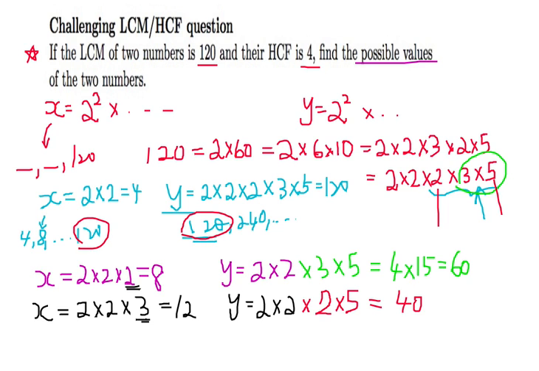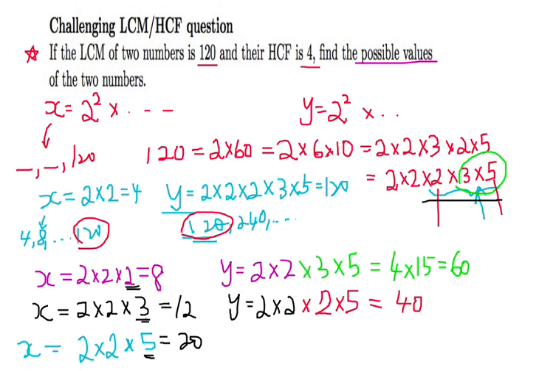And then the last one, x is 2 times 2, so that the highest common factor is 4, then multiply by 5, because we want 2, 3, and 5 here. So it's equal to 20.